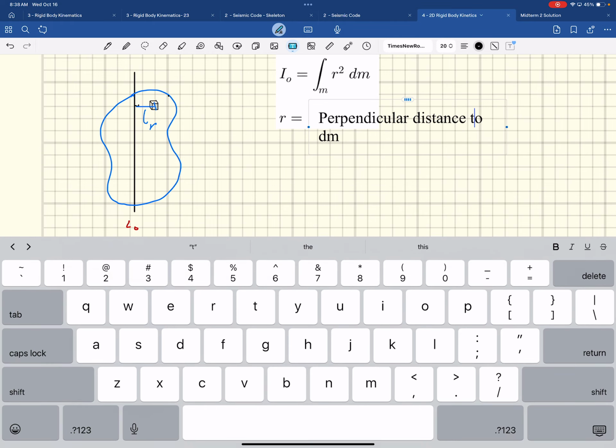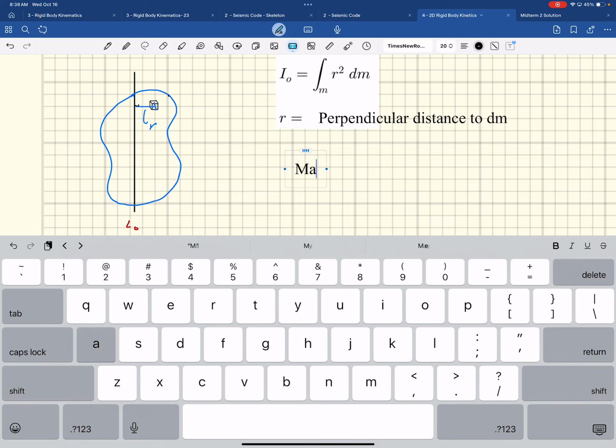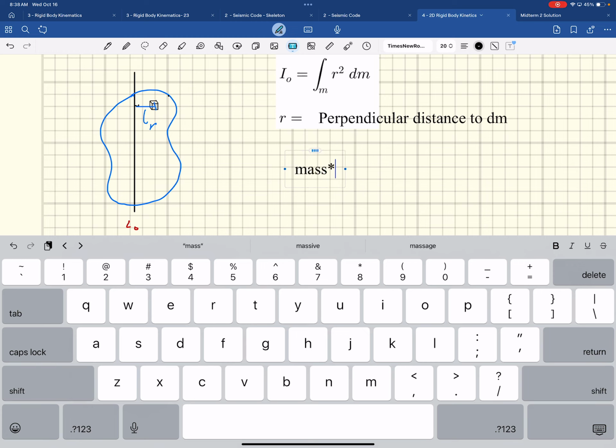Oh, right. Units. It's going to be mass times distance squared. They're all going to be mass times distance squared. So a kilogram times meter squared.